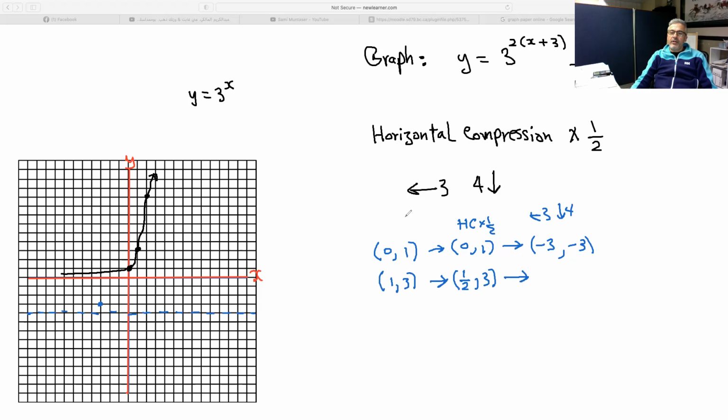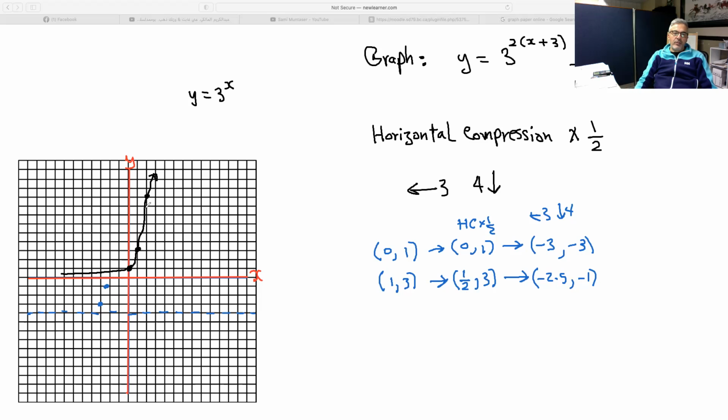And then we're moving 3 to the left. So 1/2 minus 3 is just going to be -2.5. And 4 down, so 3 minus 4 will be -1. So -2.5, which is here, and -1. So my point is going to be right here.